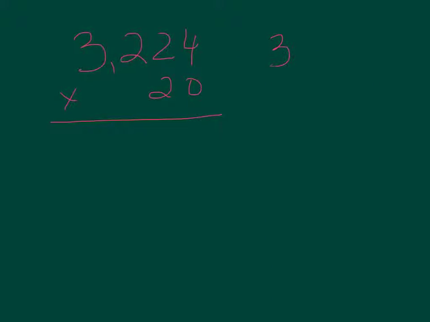Therefore, just ignore the 0 for a minute. Multiply everything by 2. This is real easy. 2 times 4 is 8. 2 times 2 is 4. 2 times 2 is 4 again. 2 times 3 is 6. Because this is a multiple of 10, you take that 0 and pop it on behind my answer.